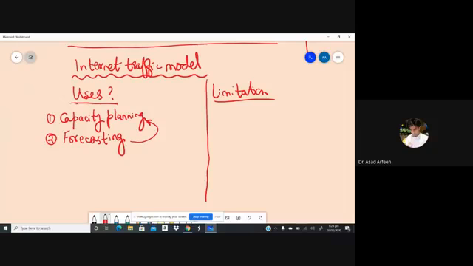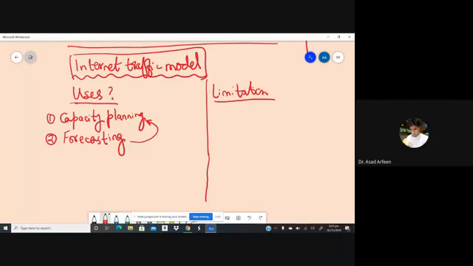There are different models. The target here is to understand the uses of internet traffic modeling. My entire PhD was based on internet traffic modeling. I can speak a lot on this, but obviously I will have to stay on my course here.